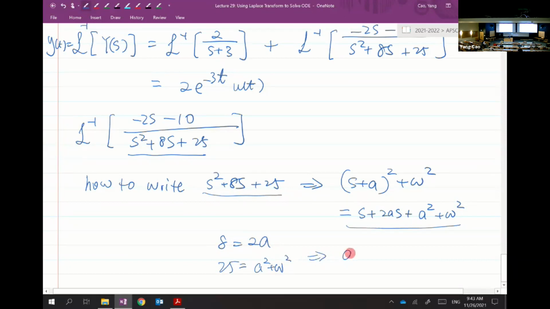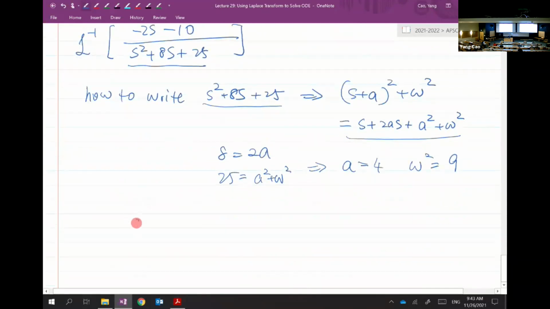So that gives you a equal to 4, and then what's omega squared? Plugging 4 in, 25 minus 16, so omega squared equals 9. Meaning s squared plus 8s plus 25 is (s plus 4) squared plus 3 squared. So a here is 4, omega here is 3.